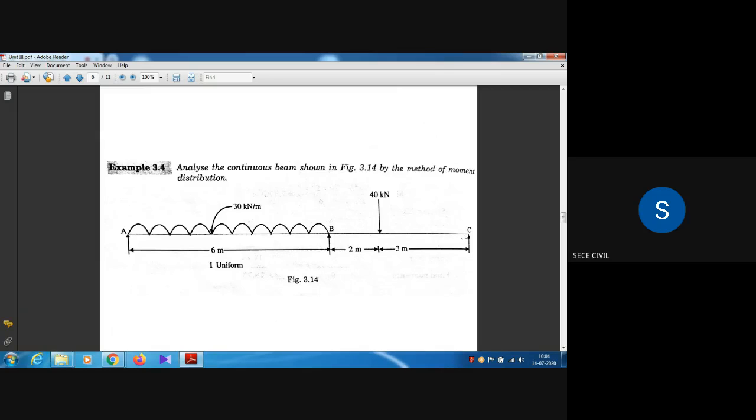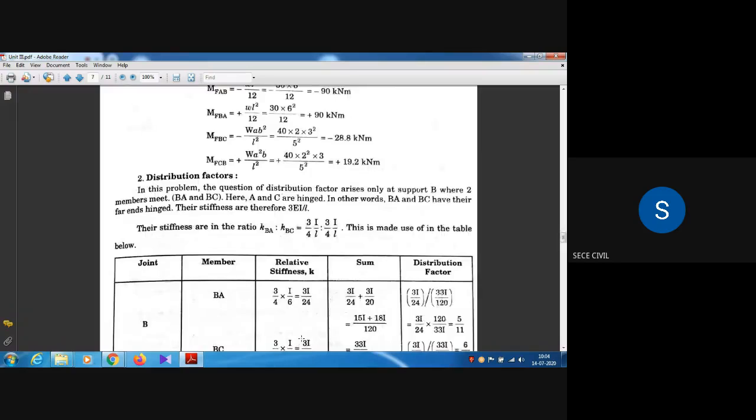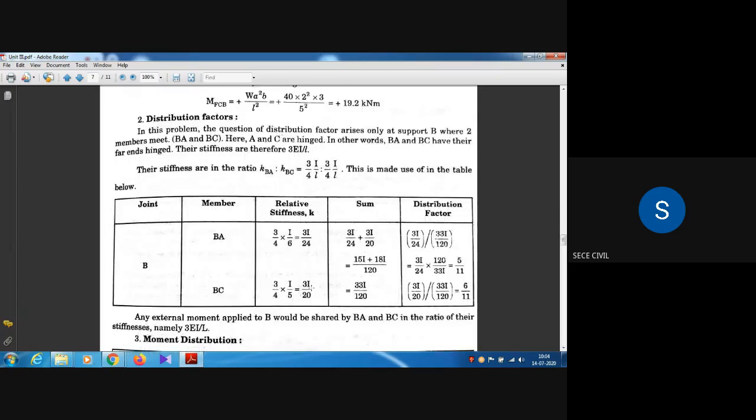So the stiffness formula is 3I by 4L. Here the BC span length is 5 meters, so L is 5. So 3I divided by 4 into 5, so 3I by 20.